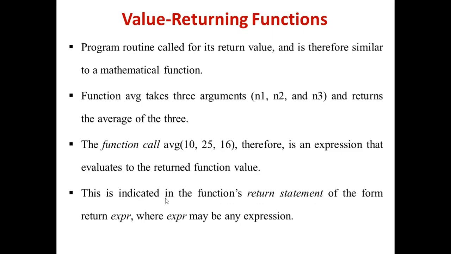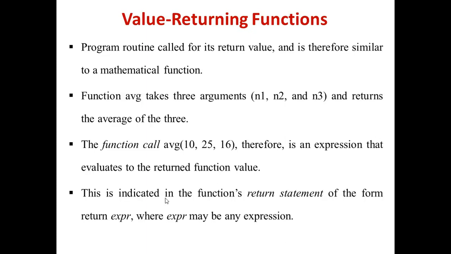Now when you are returning a value from a function, always remember that, similar to a mathematical function, it only returns the value. When you go for a function average, which takes three arguments, something like n1, n2, n3, automatically it returns the average of the three values.